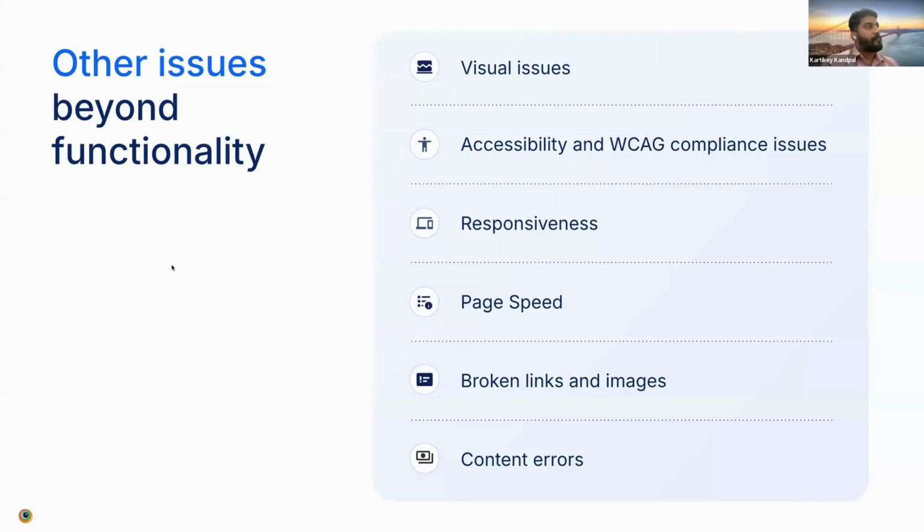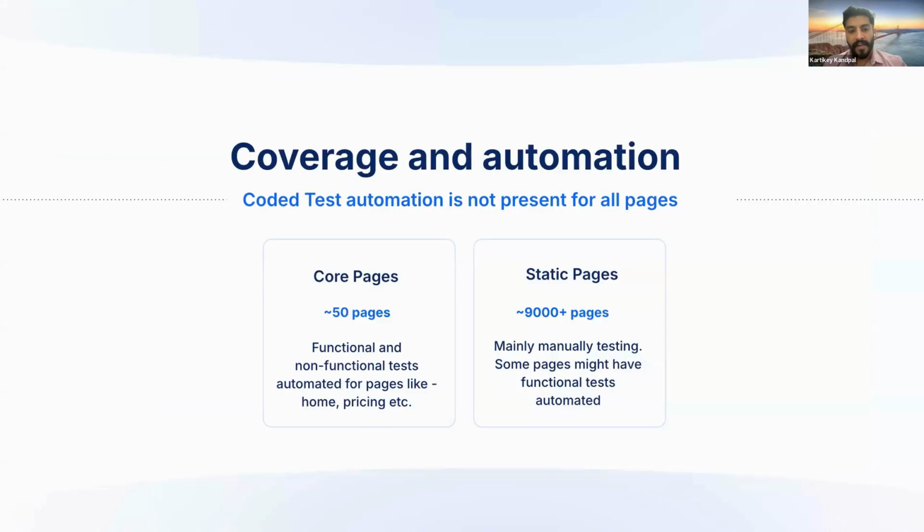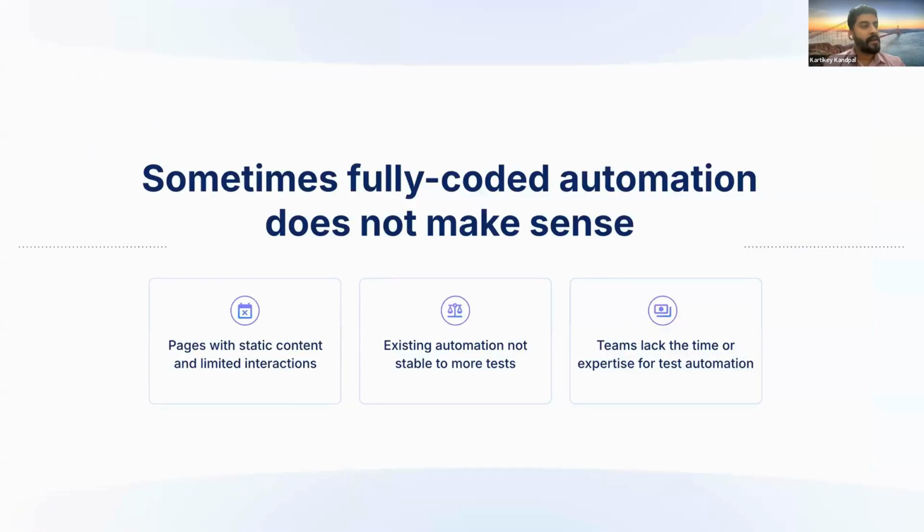So basically, if initially your website is of small scale, it makes sense that you probably use automated tests to test everything that's out there. But as your website scales, the ROI on the automation effort that you're spending becomes very low, because one, a lot of the pages that the website has are very static and have very limited interactions. So again, the ROI goes down.